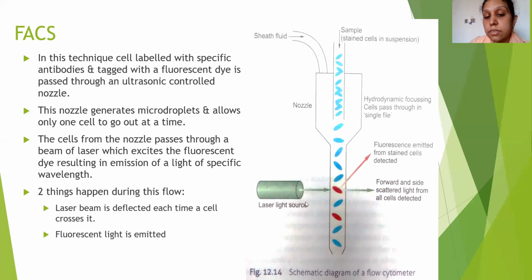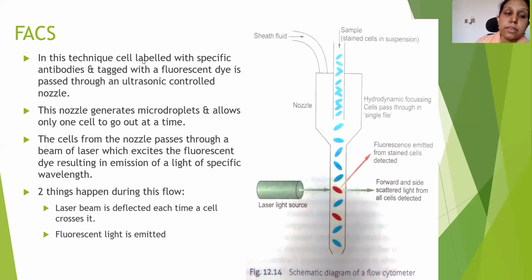And here is a laser which is focused on the cells, and with the help of fluorescence-emitting stain, cells are detected, along with forward and side scattered light. So the laser is thrown, and fluorescent-emitting cells are detected.